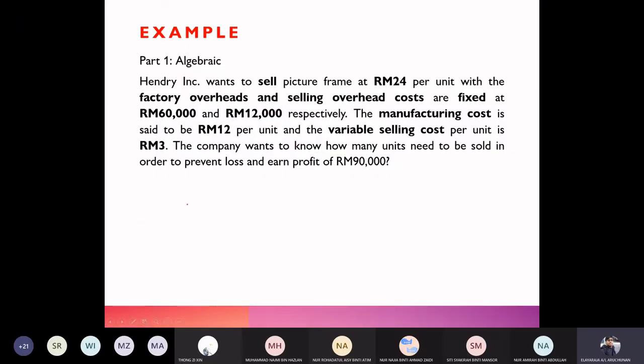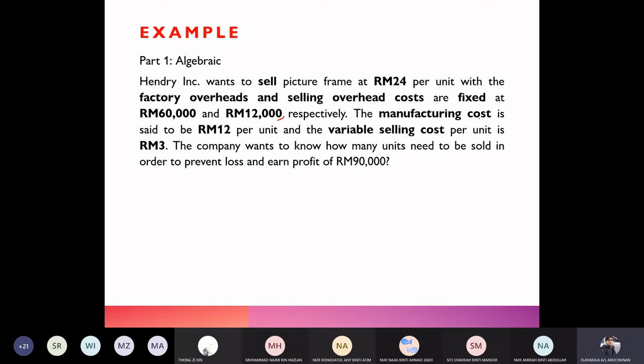Take a look at this example. Say Henry's firm wants to sell a picture frame at a price of RM24 per unit, where the factory overheads and the selling overheads are fixed, which are RM60,000 and RM12,000 respectively.